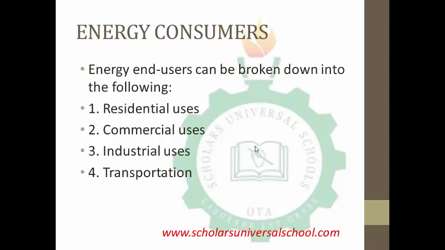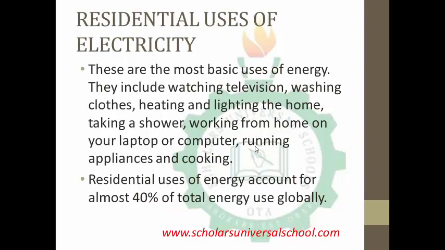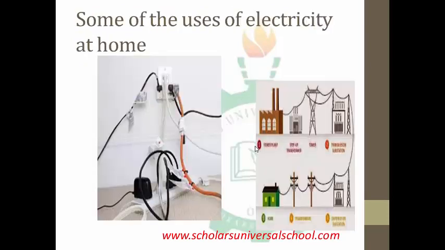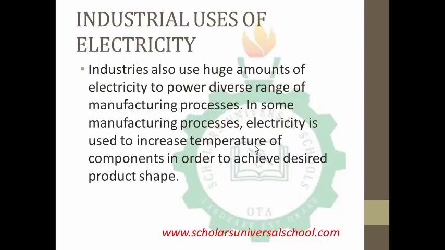And we have the energy consumers, which I have explained: the residential users, the commercial users, industrial users, and transportation sector. As you know, the use of electricity cannot be overemphasized as it has a lot of varieties of uses, ranging from our homes to our schools, to our offices, churches, and the like.